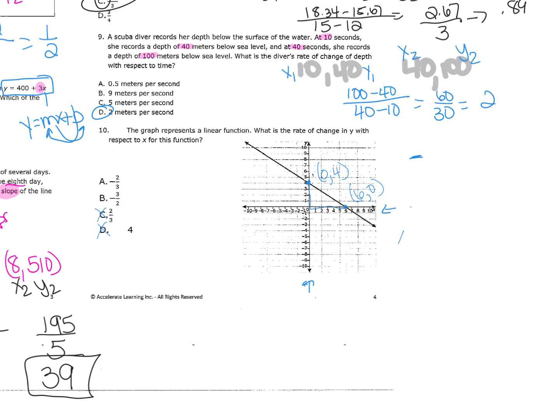Or I can do this by my change of y over my change of x. So my y, I went down 4. My x, I went over 6. And if I reduce that, negative 4 over 6 reduced to negative 2 over 3. And A is my answer.